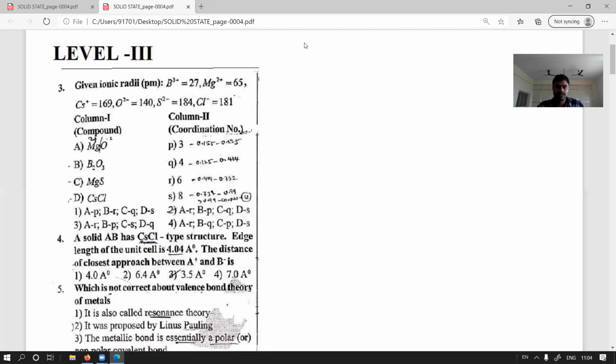So now in today's class we'll discuss level 3 objective questions. Let's see the first one. We already did this model in level 2.